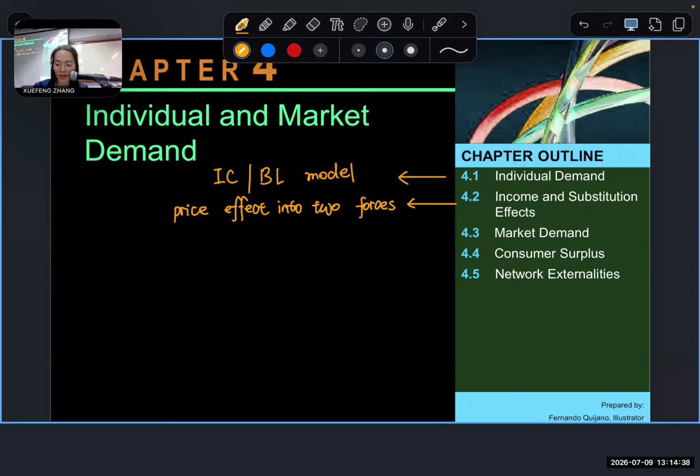And next topic, which is market demand. The question is, what if we add up everyone's individual demand? What will happen to the market demand? Okay, so the logic is from individual to market.